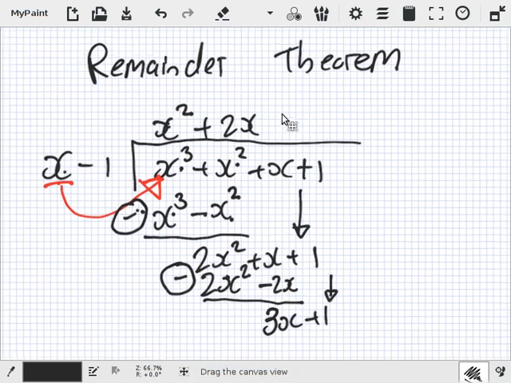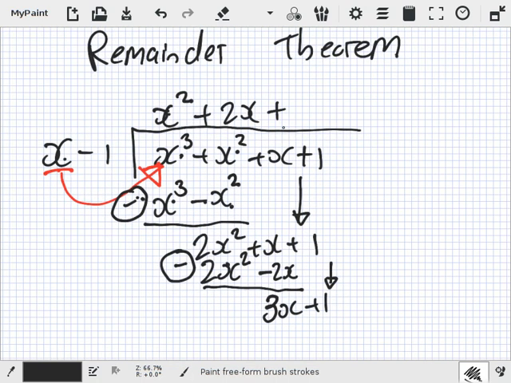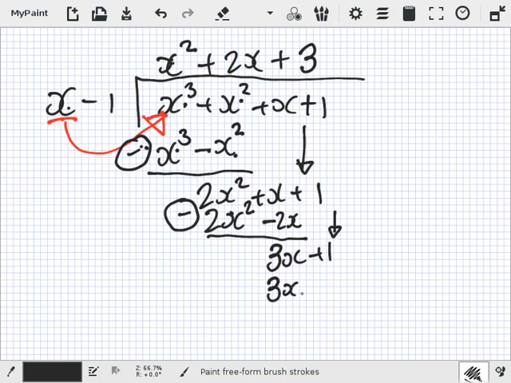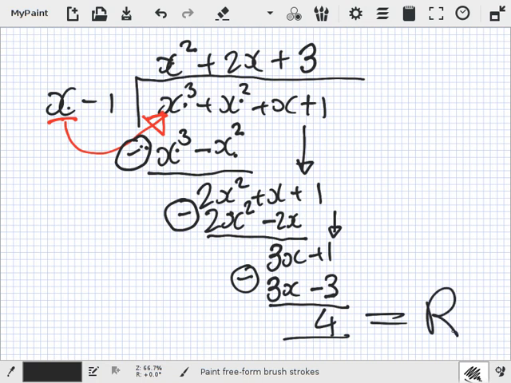Finally, Dennis, what do I put up here? 3. So I get now 3x minus 3. And then Anthony, maybe you can tell me what I get when I minus this. So that's 0. And then here? Yeah. So that's the remainder.